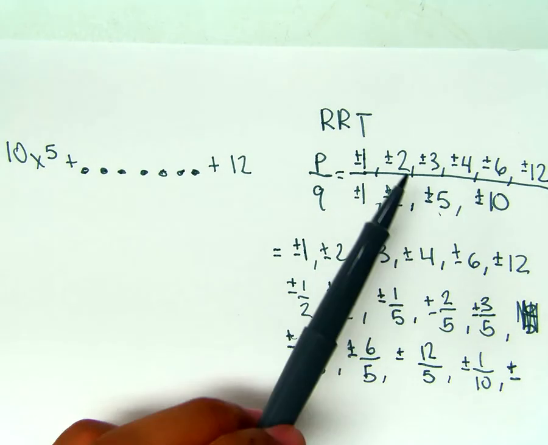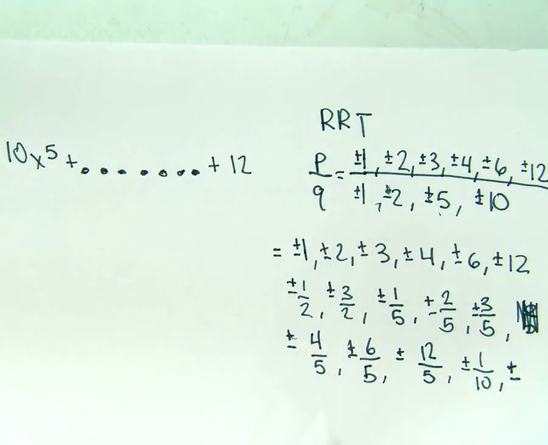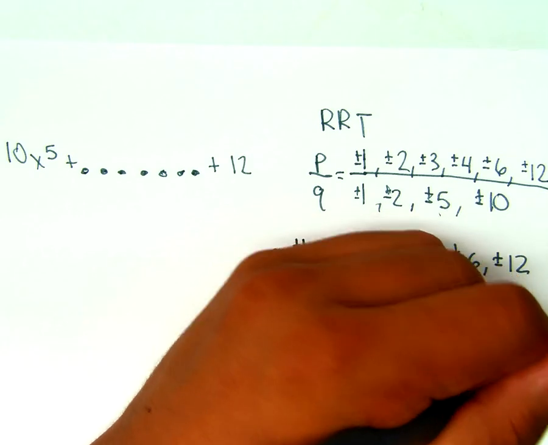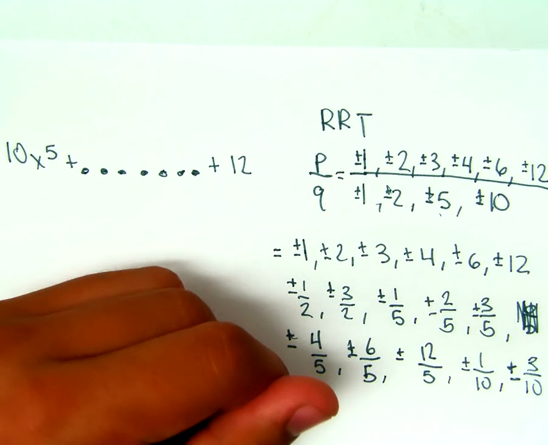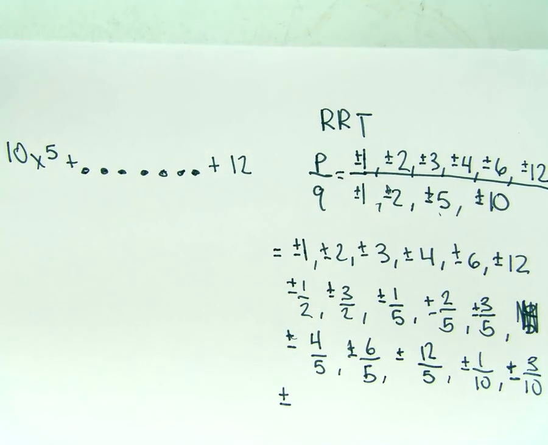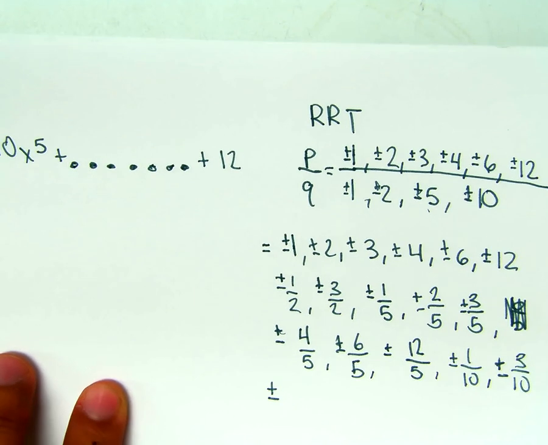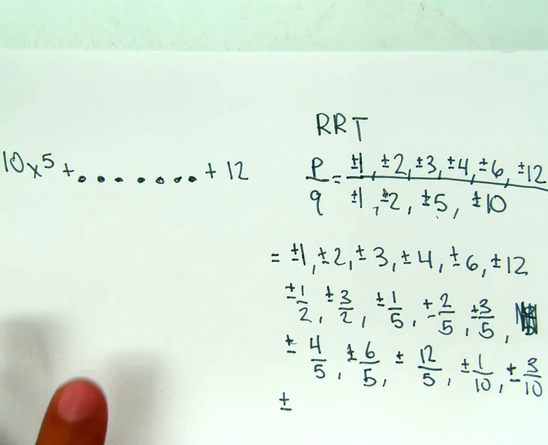What about plus or minus 3/10? Don't have that one, so we'll write that one. Do we have plus or minus 4/10? Okay. What about 6/10? What about 12/10? Yeah. Okay. So these are all our possible solutions.